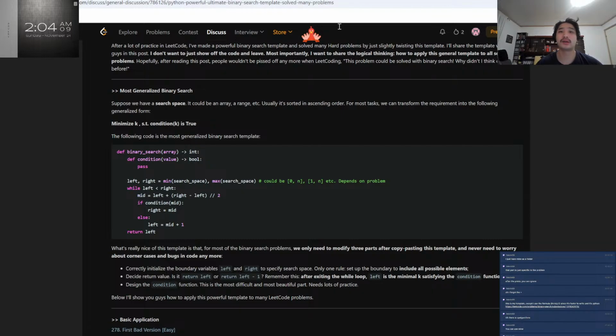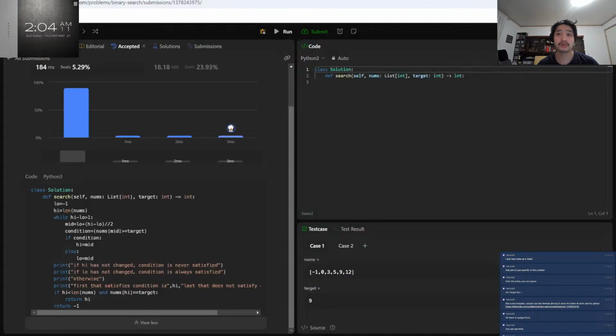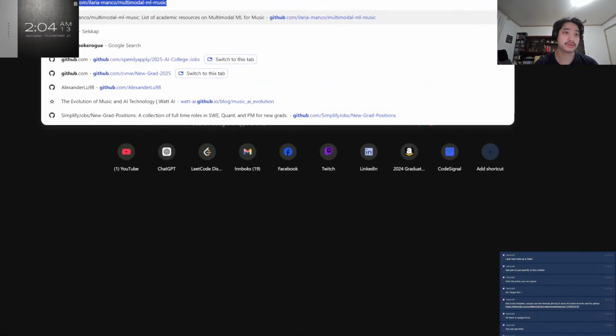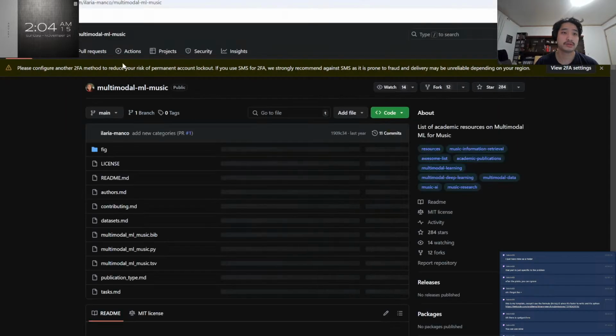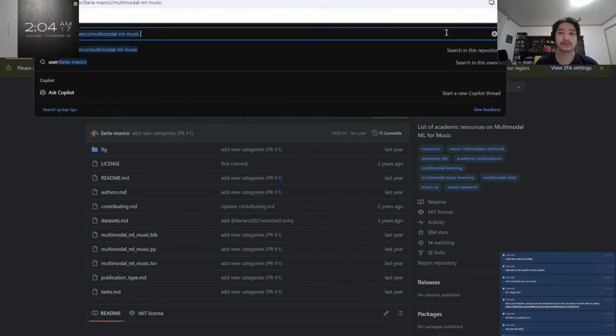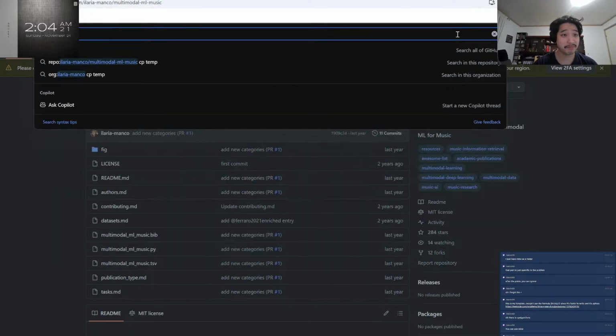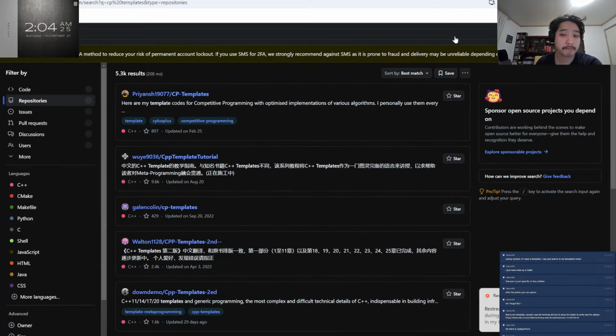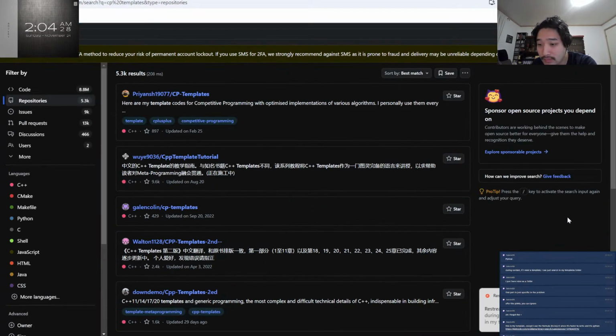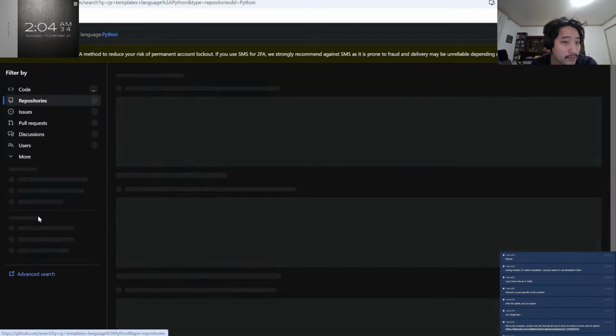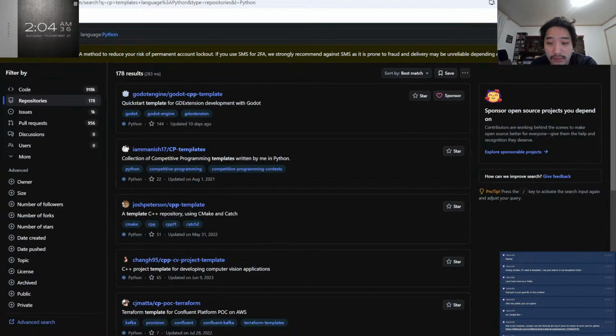There are probably a lot of them on GitHub, to be fair. What should I search, CP templates? Solaris 428: During contest, if I need a template, I can just search in my templates folder.